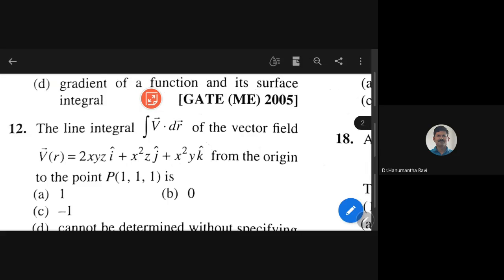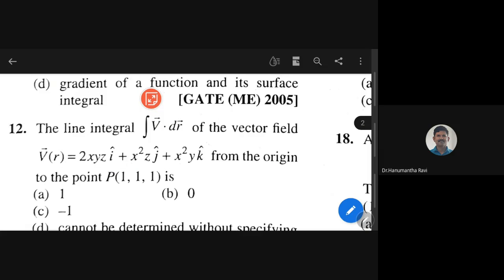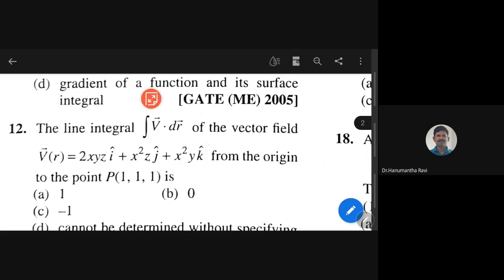What has he given? V bar is 2xyz i bar plus x square z j bar plus x square y k bar.